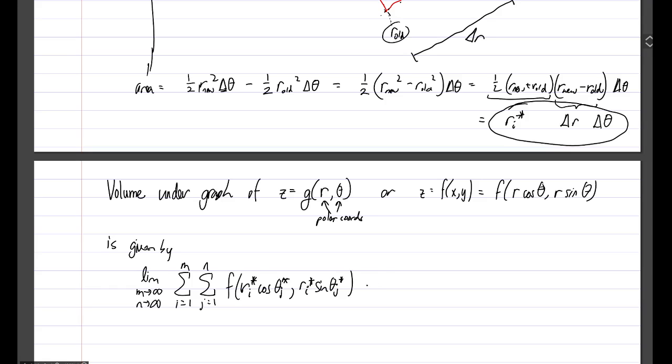That function, then copying this thingy right here, we're going to have r sub i star times delta r times delta theta.